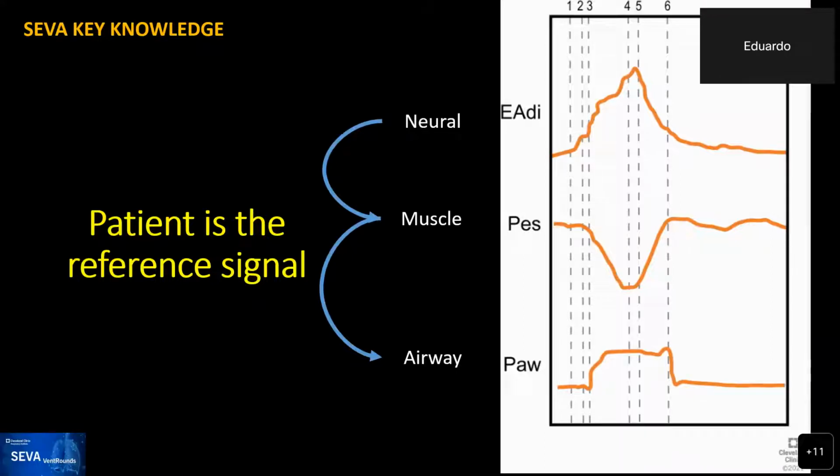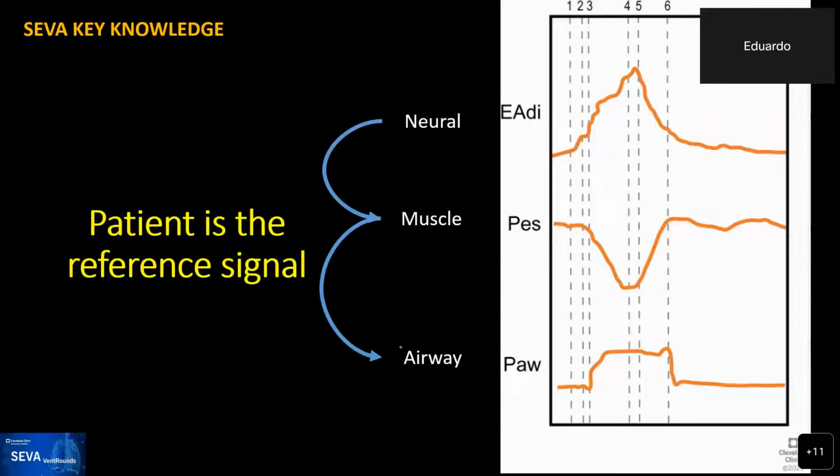The second key message is when we're looking at these waveforms, we have to recognize what is the reference signal. And so the patient is the reference signal. So if you have electrical activity of the diaphragm from a catheter, that is the reference signal. If you don't have that, then it's the muscle pressure. So for example, from an esophageal catheter, that would be the reference.